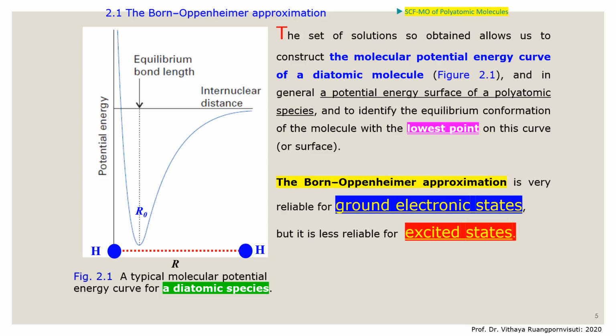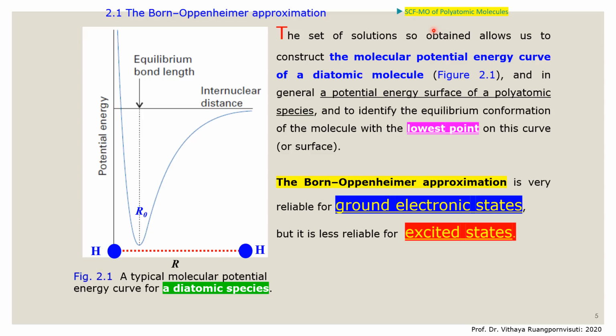The molecular potential energy curve of the diatomic molecule shown in figure 2.1 is representative of polyatomic molecules, where the Born-Oppenheimer approximation was applied.